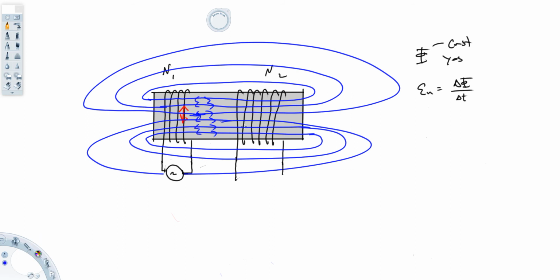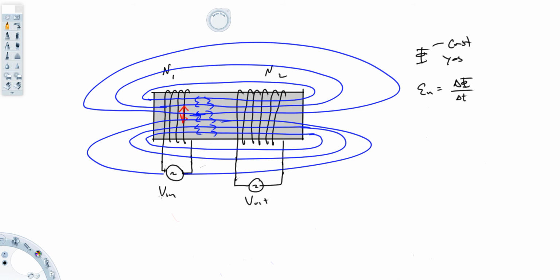So our flux is changing sinusoidally here on this right-hand side. What does that mean? We're going to get a voltage out now, long story short. So we have a voltage in and a voltage out.